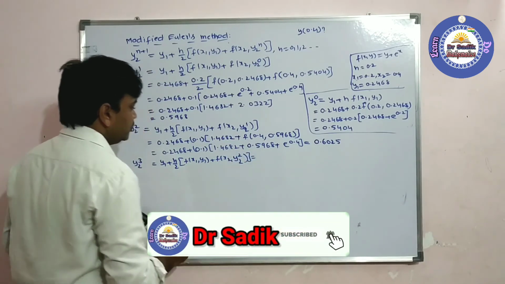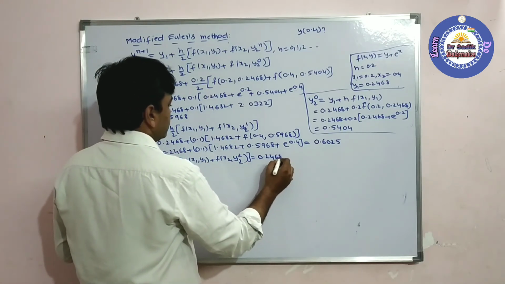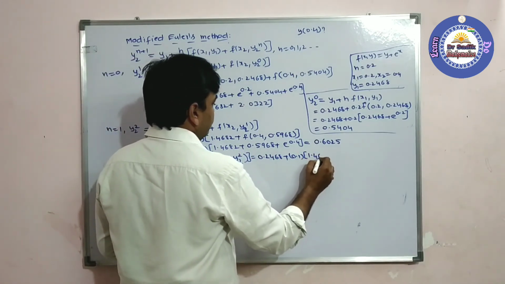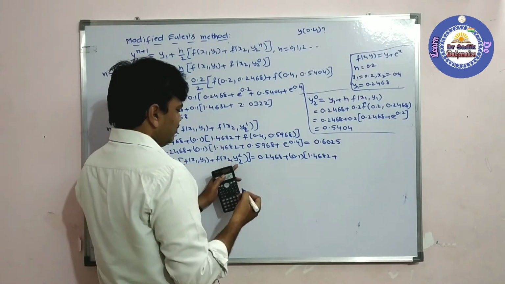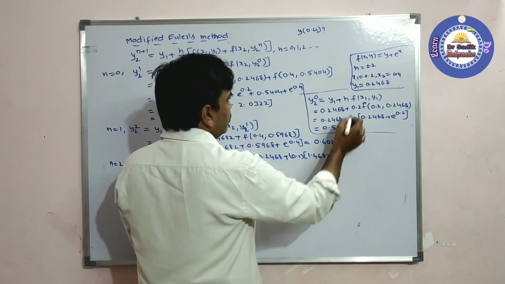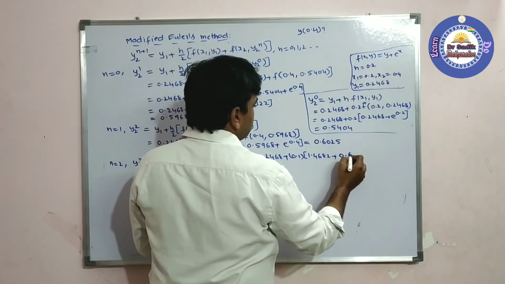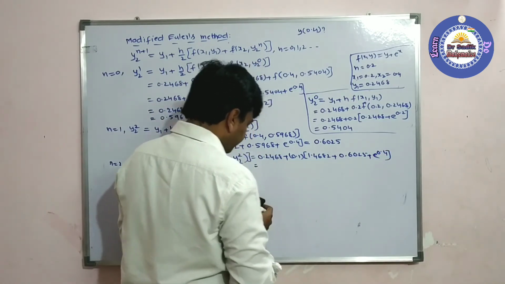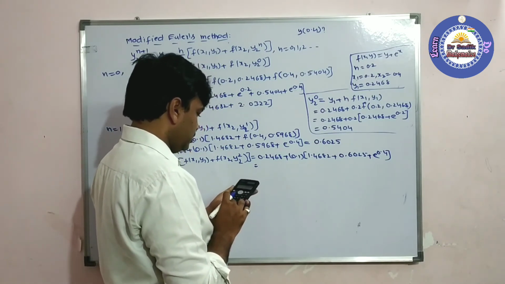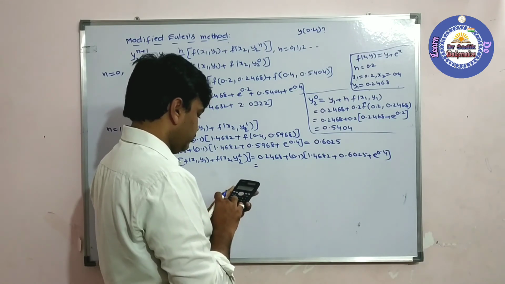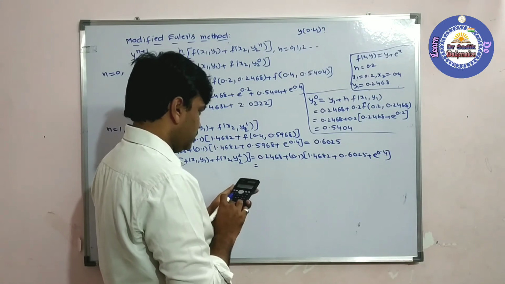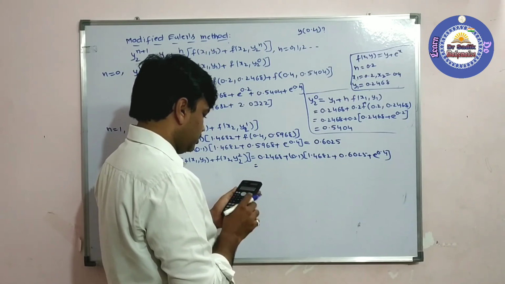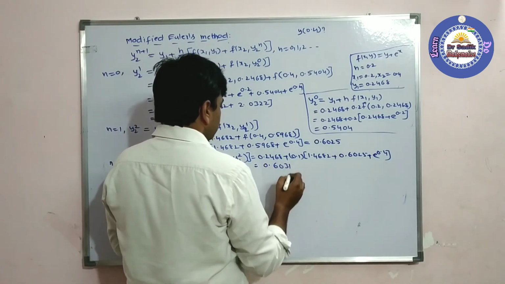The y1 value is here, 0.2468 plus h by 2 value is 0.1 bracket f of x1 y1 value, 1.4682 plus, see, we can write directly the y2 power 2 value, which is 0.6025, so y plus, we can write here directly 0.6025 plus e power x2, x2 is 0.4, bracket close, that is equal to 0.2468 plus 0.1 bracket 1.4682 plus 0.6025 plus shift ln 0.4, bracket close, that is equal, we get here 0.6031. See, very near.